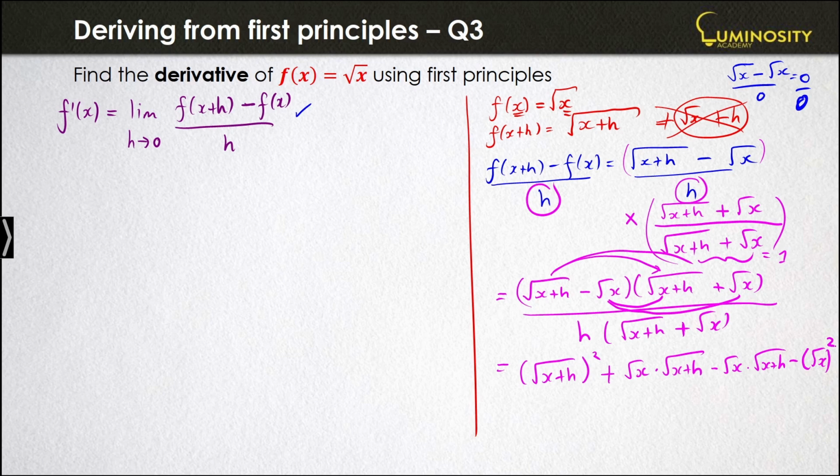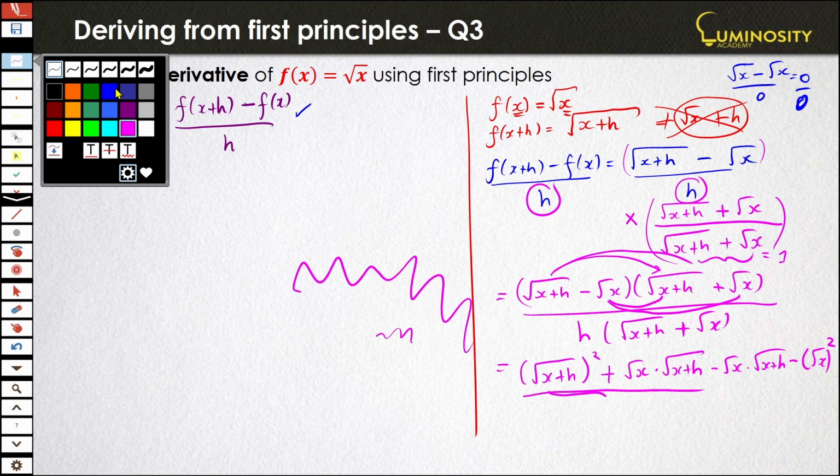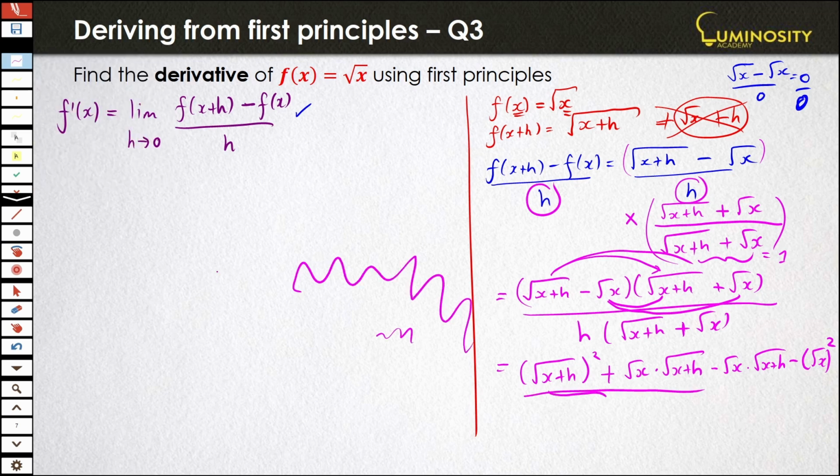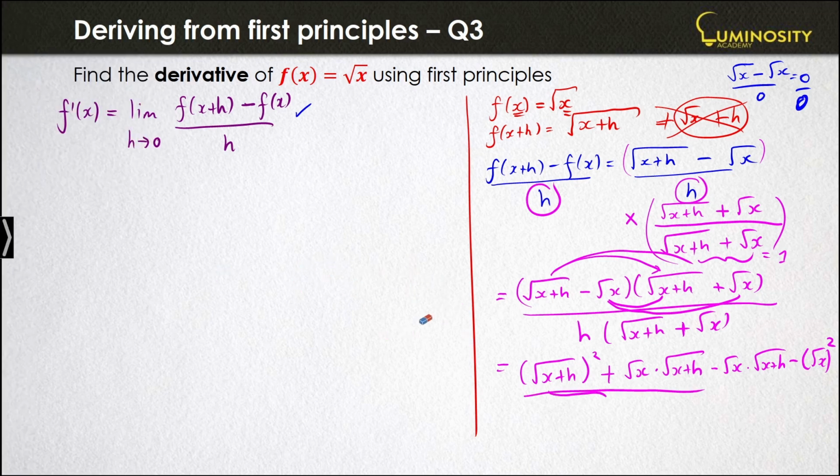Now that we've got that, we need the denominator terms. That's all divided by h times the square root of x plus h plus the square root of x. I haven't manipulated the denominator yet. Can you see that these are like terms?